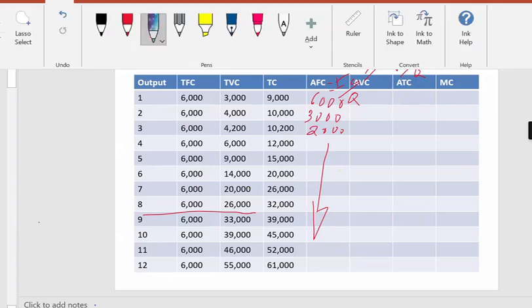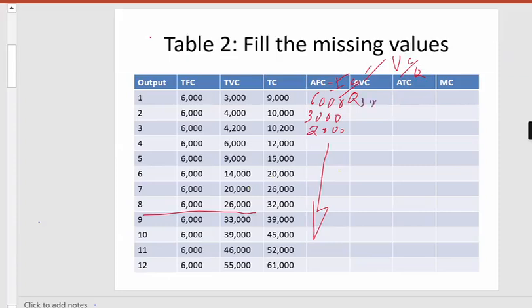Hapa ni 2,000. Hapa ni 1,200 gawanya kwa 3, 1,400.